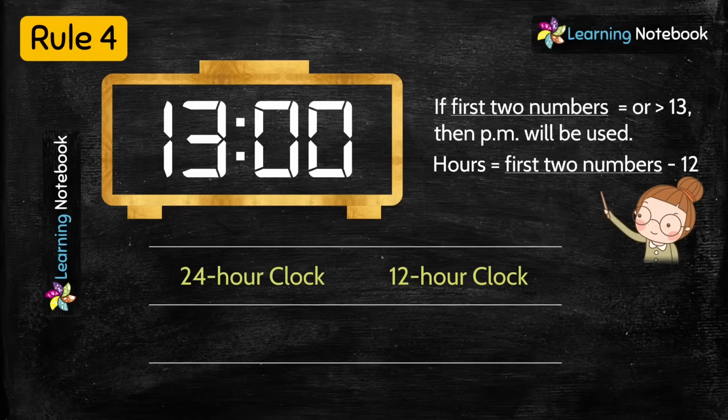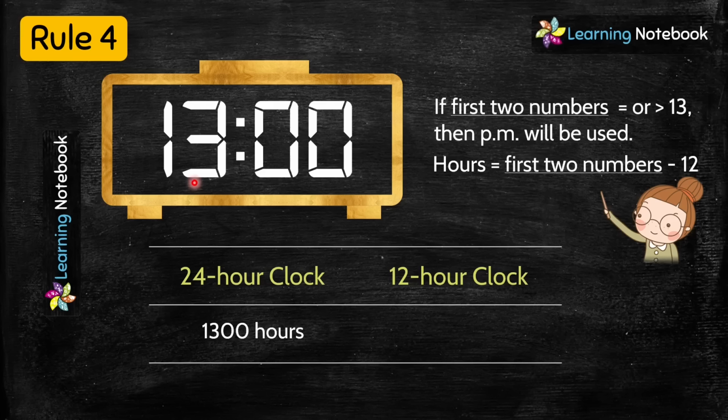For example, here according to 24-hour clock, time is 1300 hours. Now, since first two numbers are equal to 13, so it means this time is in PM.